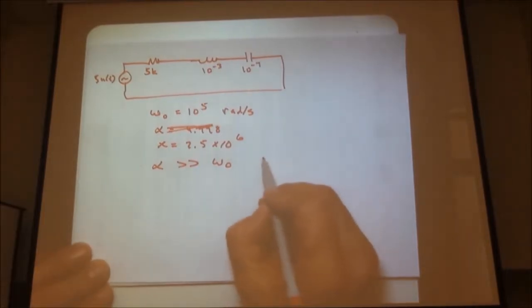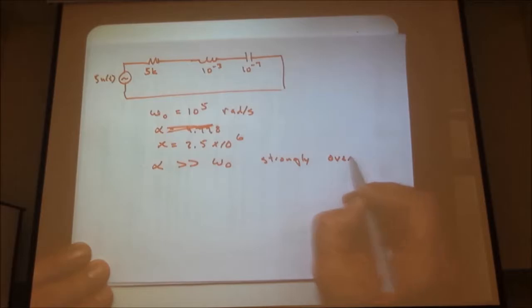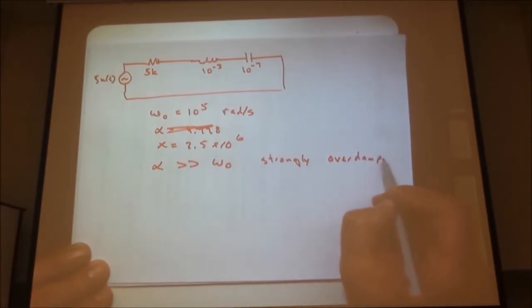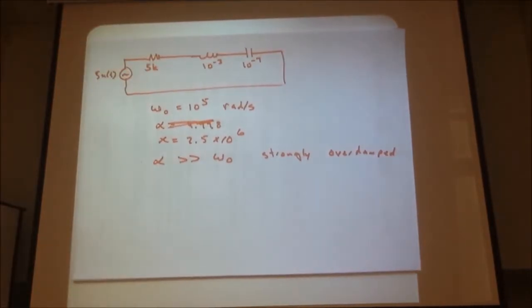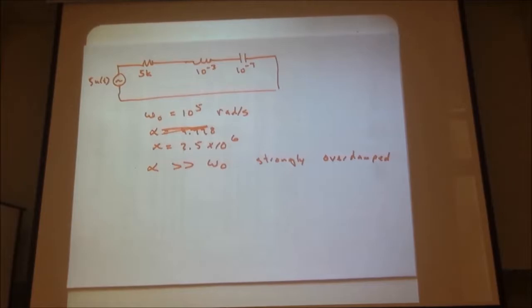So what can we say here? This is strongly overdamped. So that's something to consider. The larger alpha is relative to omega naught, the more strongly it's overdamped.